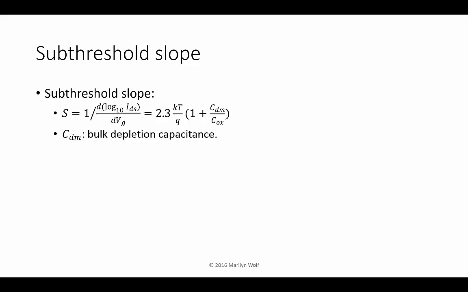S depends upon the ratio of the bulk depletion capacitance to the oxide capacitance. We want a large subthreshold slope because that means that the subthreshold current drops off faster as we get below the threshold voltage.